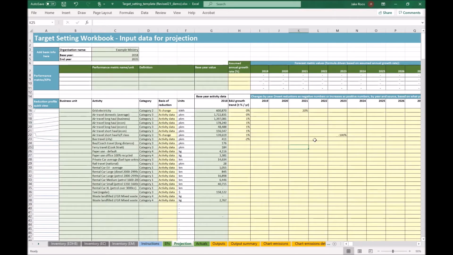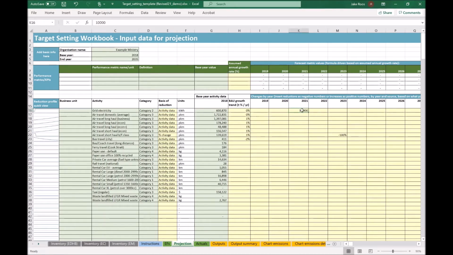Now, as you enter these changes over here, they should be really based on something. Some might be guesses. Others might have some really good data underpinning them. In any case, whatever numbers you put in here, it would be good to note where they came from. Say grid electricity here, say that you know about this new facility opening up, and you know it's going to use 10,000 kilowatt hours a year. So you put in 10,000. That should be set to activity data.